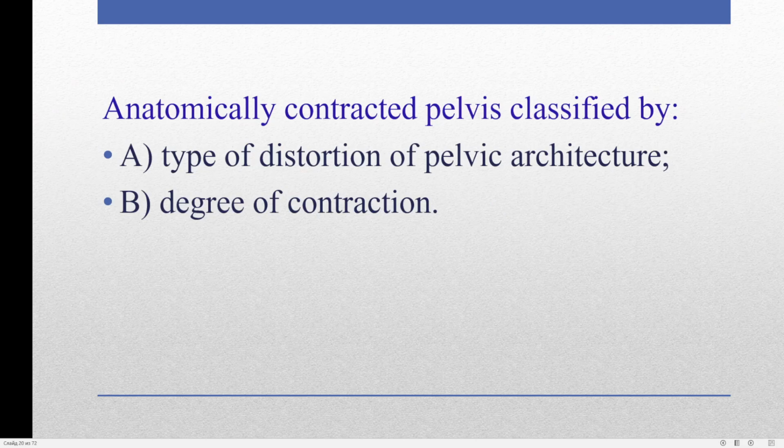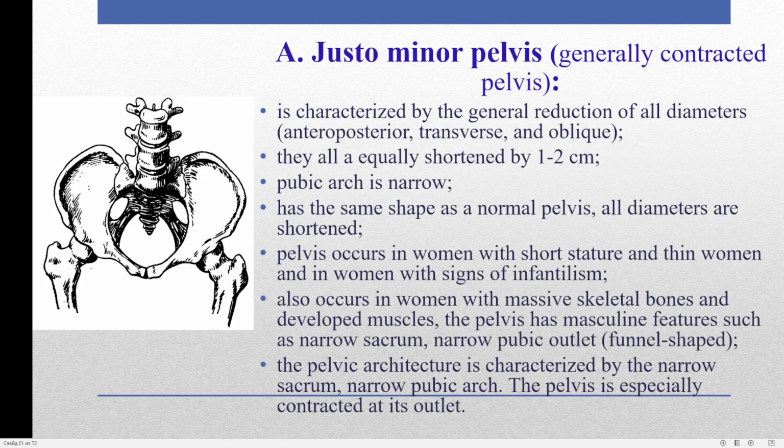Anatomically contracted pelvis is classified by the type and distortion of pelvic architecture and the degree of contraction. First type is the just minor pelvis or generally contracted pelvis. The just minor pelvis is characterized by the general reduction of all diameters: anterior, posterior and transverse, and both oblique diameters.